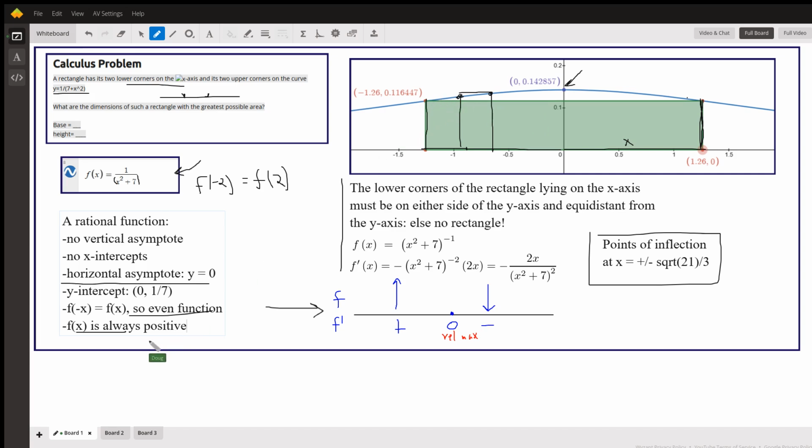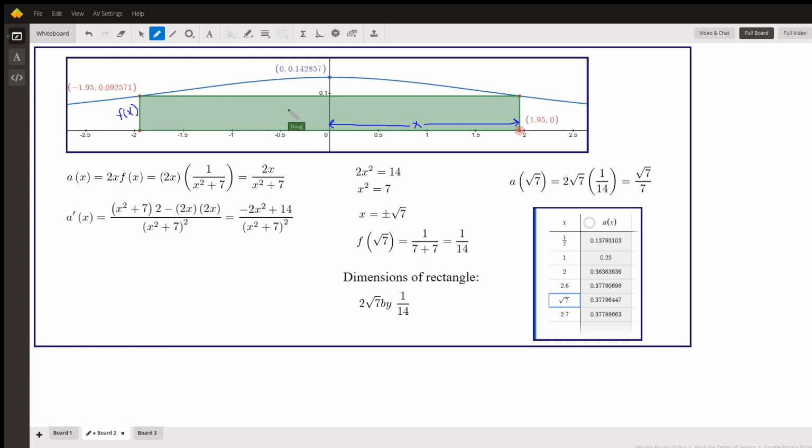Okay, so what we're going to do is come up with a formula for the area of this rectangle depending on this x right here. So if this distance is x, the x coordinate of this point is actually the opposite of whatever this x is. You can see negative 1.95.